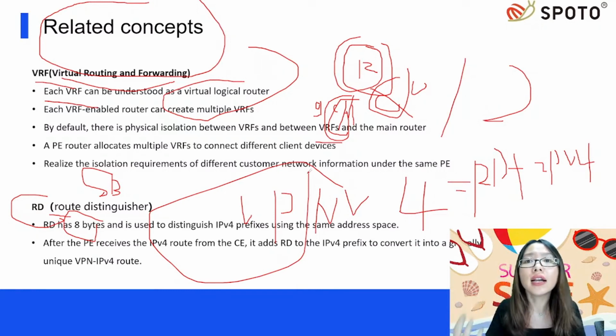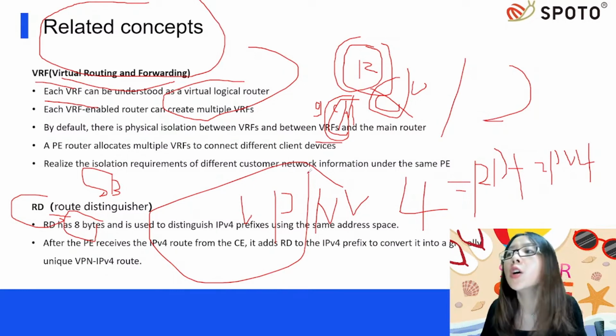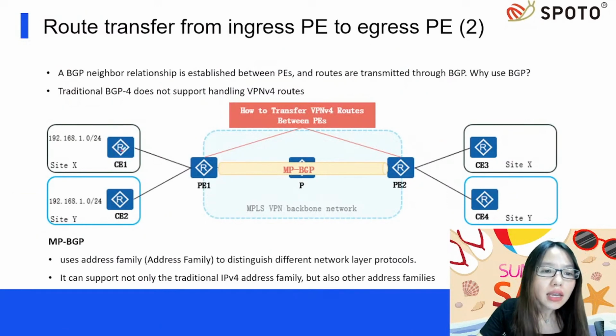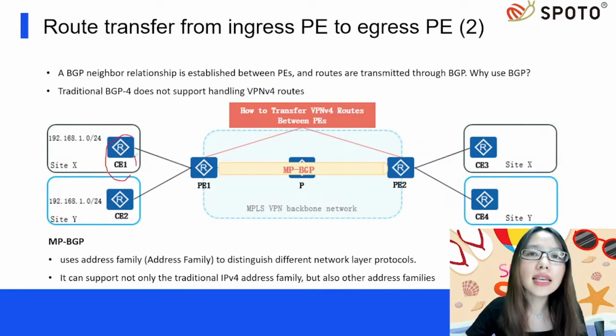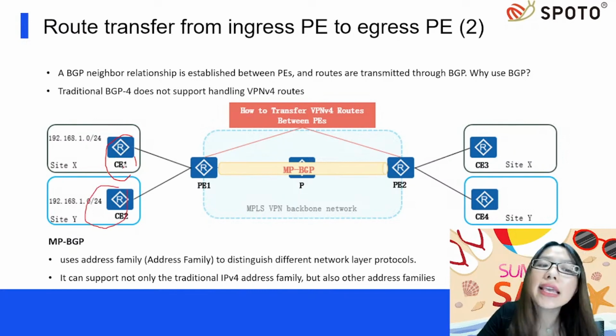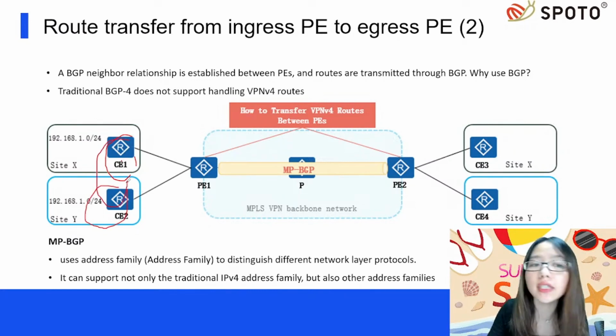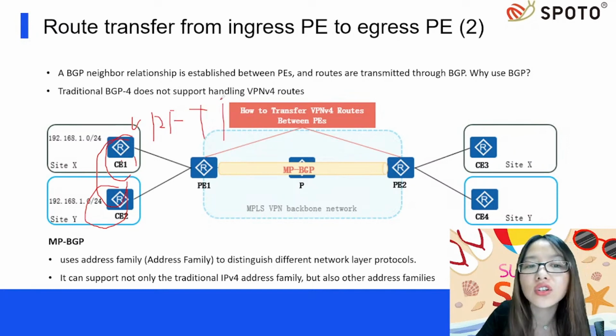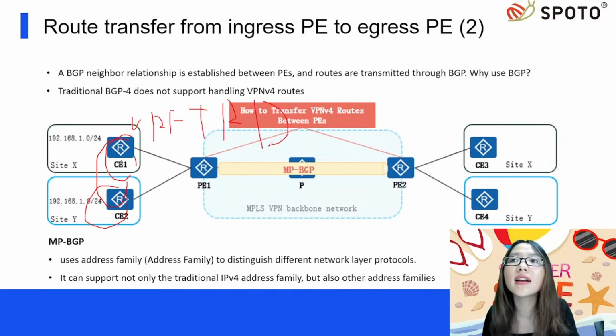Even if the routes of the customer CEs overlap, a unique route distinguisher gives a unique VPN-v4 routing prefix, solving the problem of advertising overlapping customer routes. So when CEs transfer routes, we use VRF and RD to solve the overlapping customer routes.